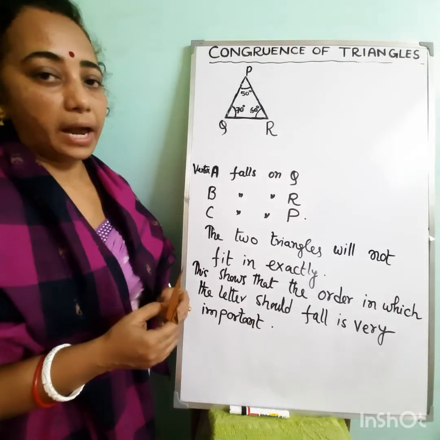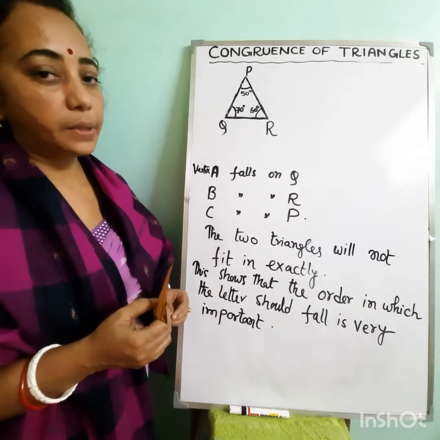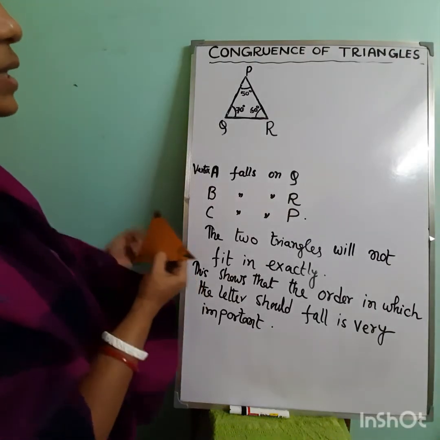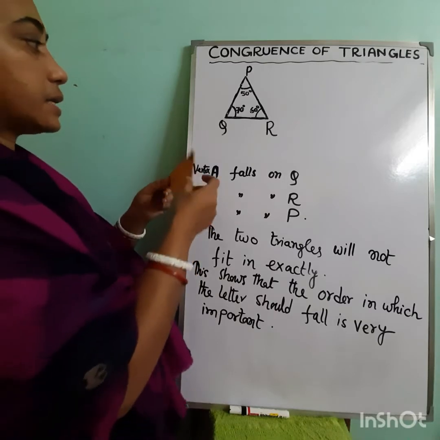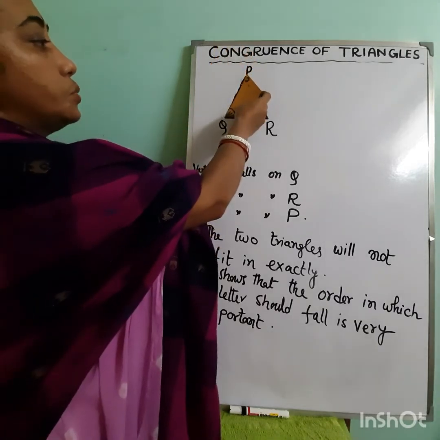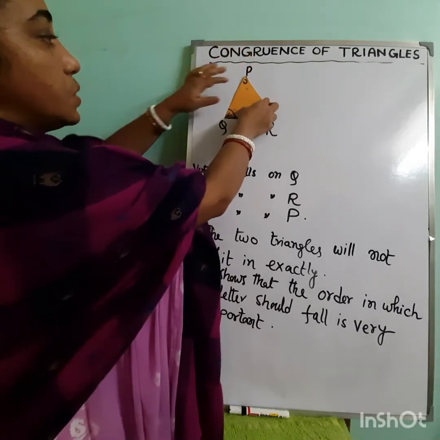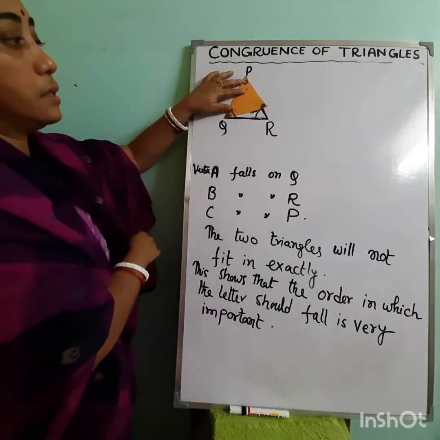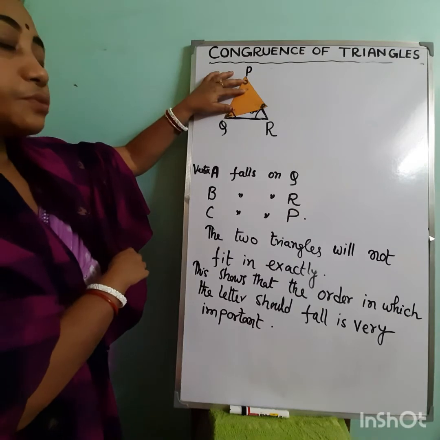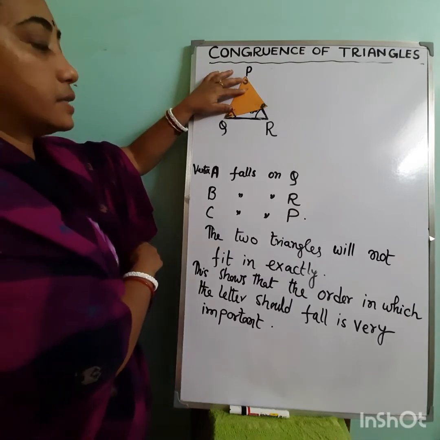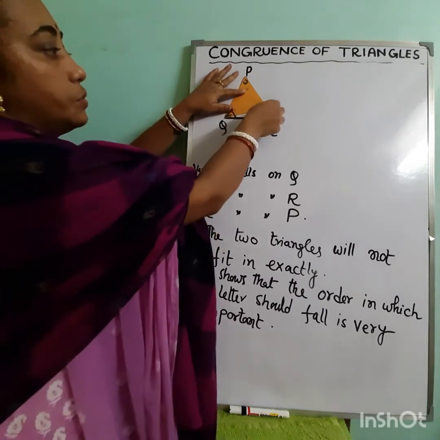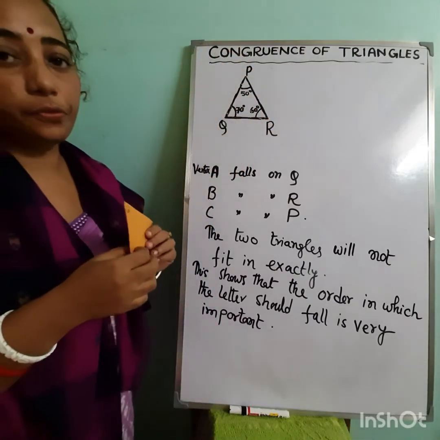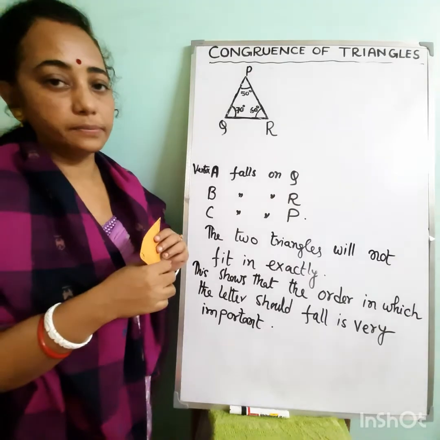Now if we try to place triangle ABC on triangle PQR in such a way that vertex A falls on Q, B on R and C on P, then we can observe that the two triangles will not fit exactly, which shows that the order in which the letters fall is very important.